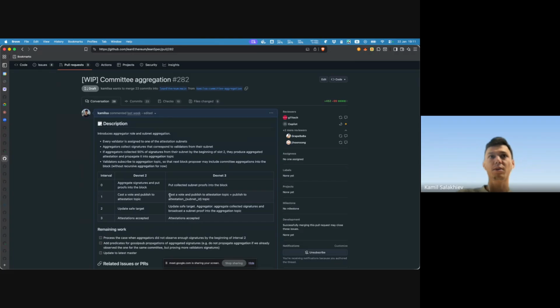In Devnet3, we plan to have one aggregator per subnet, which collects the signatures and then creates a proof. And in the third interval, Gajinder said that we might use the proofs that were generated to update the safe target.